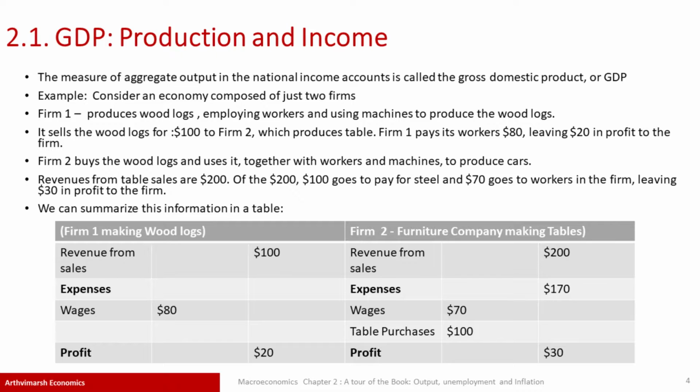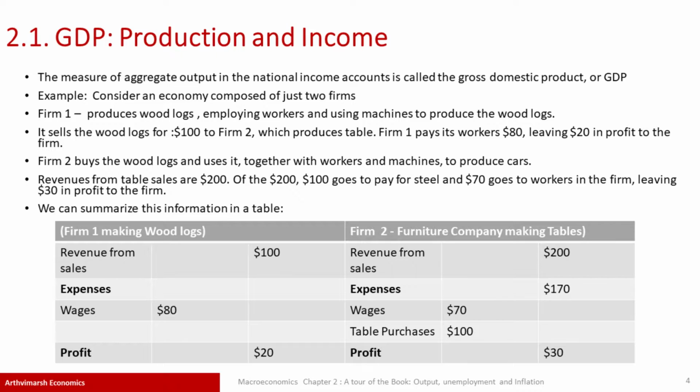Now, consider an economy composed of just two firms. Firm 1 is producing wood for the furniture making company. Firm 2 is the one which is making furniture. Now, firm 1, which is producing wood, is employing workers and using some machines to produce the logs of wood which it's going to supply to the furniture company.